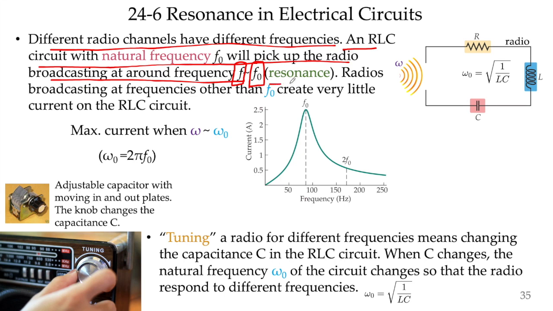Again, this is resonance. So radios broadcasting at frequencies other than F0 will create very little current on the RLC circuit.